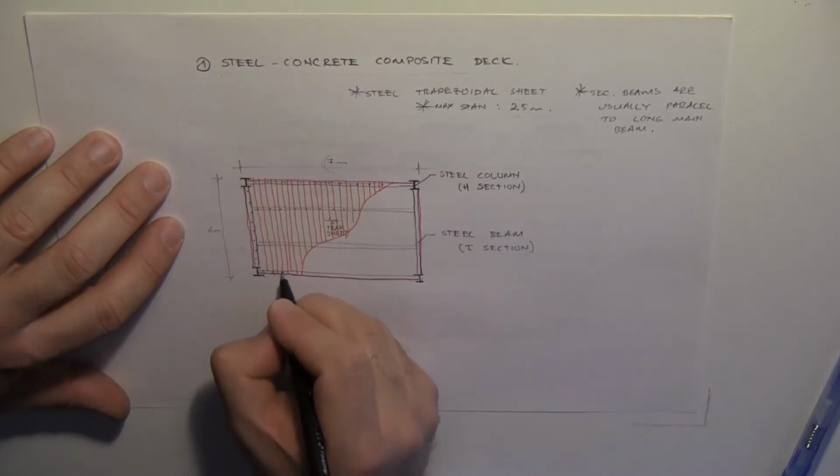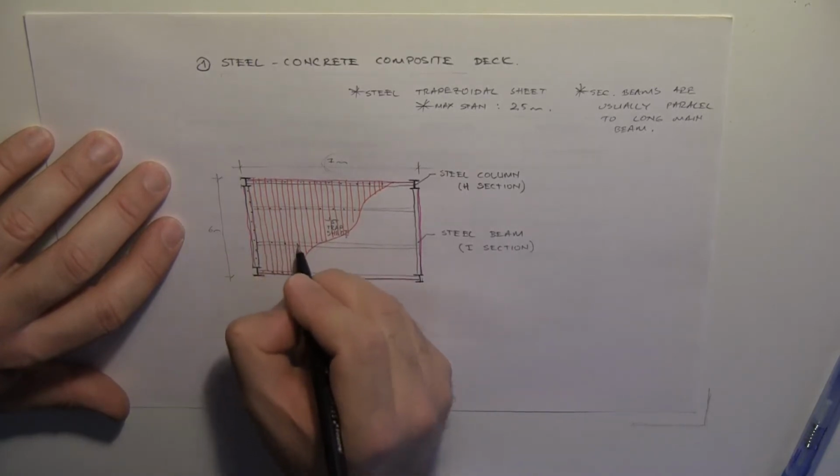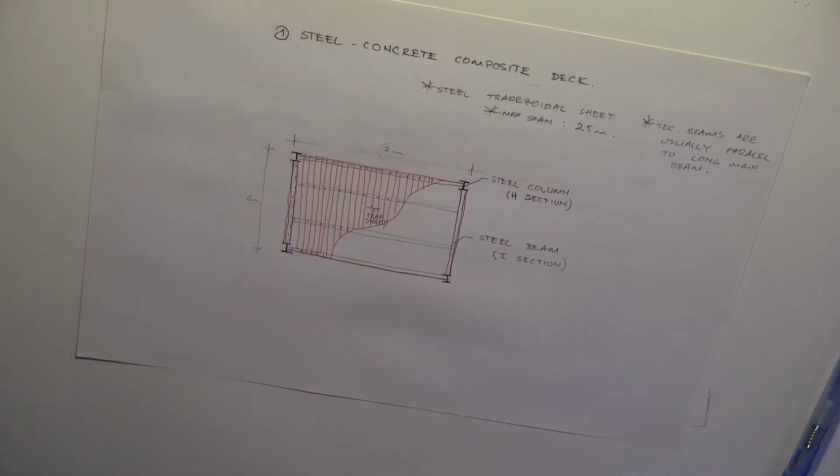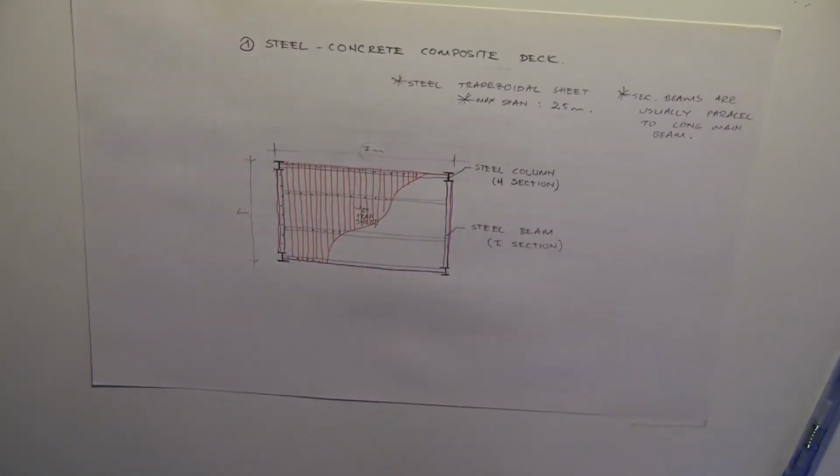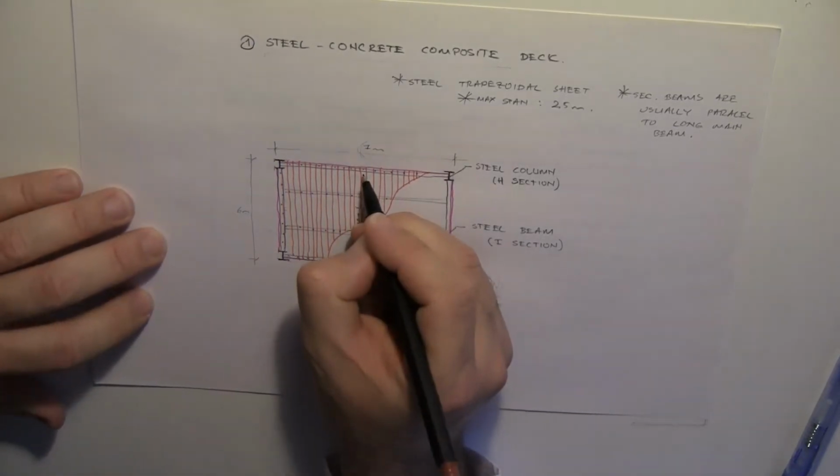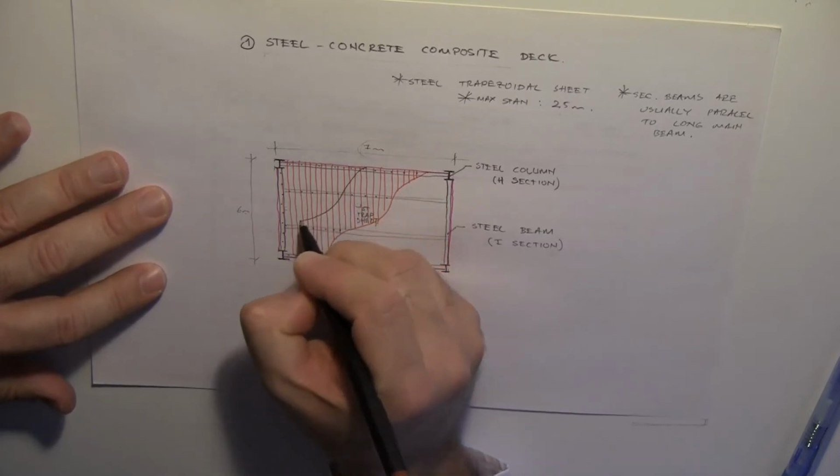What are shear studs used for? They are used for welding the steel trapezoidal sheet to the steel main and secondary beams, and they are also used for making the concrete, steel trapezoidal sheets and beam work as a whole.